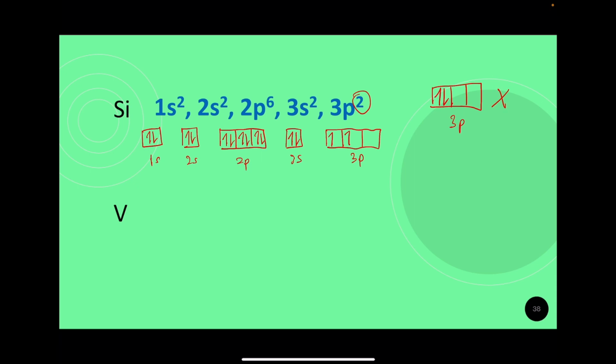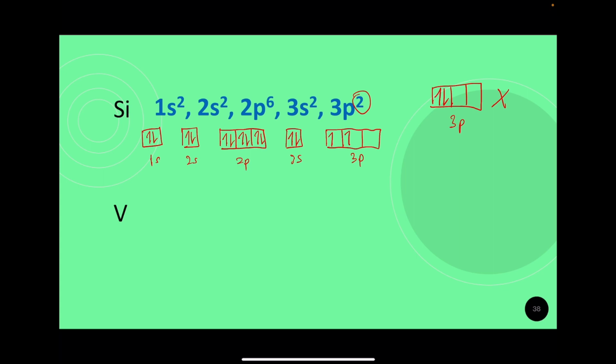This is not the right way to draw the orbital diagram using the principles of Hund and Pauli. So you must singly fill up the orbital first, then pair them. Okay, so that's how to draw the silicon orbital diagram.